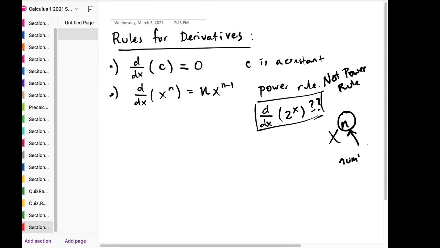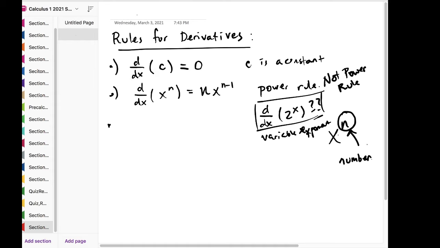It can't be a variable. x is a variable, so you cannot use the power rule for a variable exponent. Does that make sense? In Calc 2, you'll deal with finding derivatives of these types of functions. You need like the natural log.